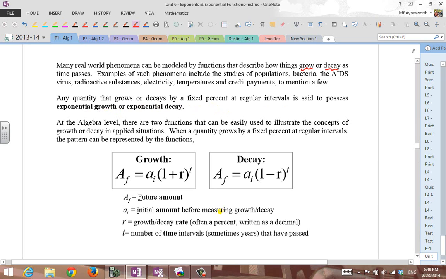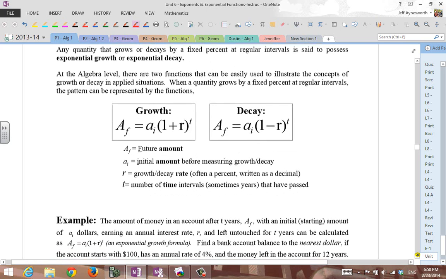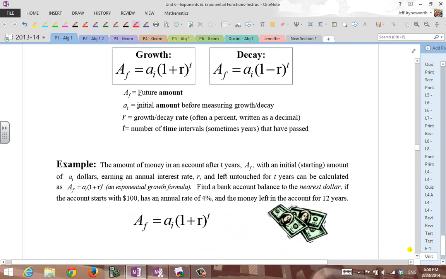Now, one situation that can be applied to either growth or decay is a financial situation dealing with how money increases or decreases over a period of time. Any growth function, and this is seen in the financial world all the time, can be expressed as a future amount.